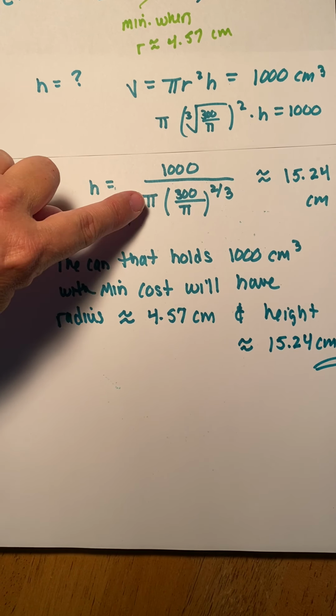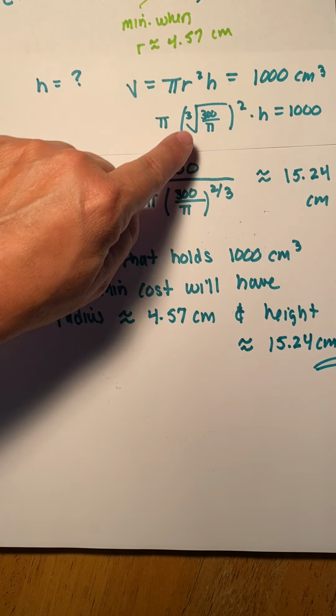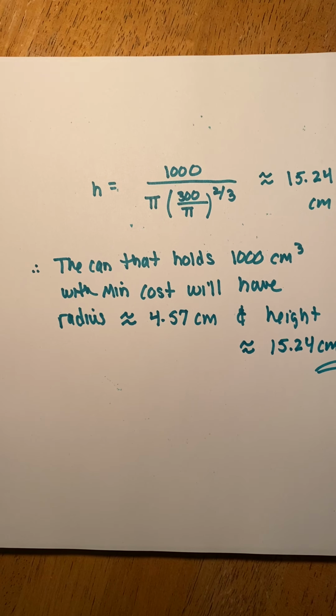Again, make sure you know you're going to need to use those exact values for r and h if it doesn't tell you to approximate.